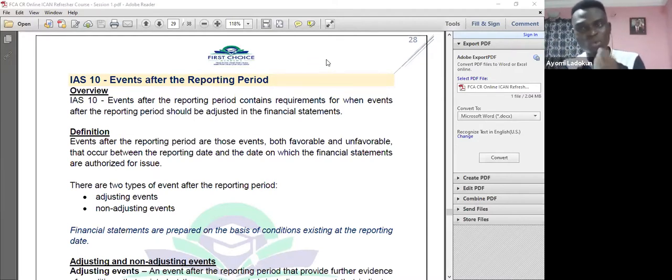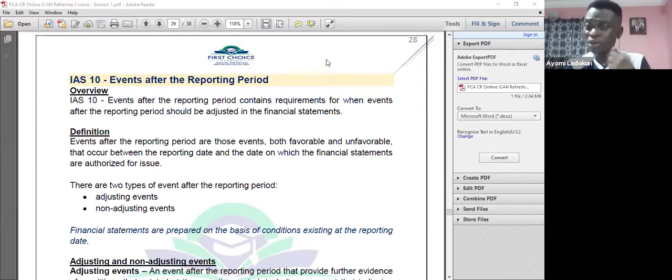And according to IAS 10, a non-adjusting event only requires a disclosure by way of note in the financial statements. Let me say that again. A non-adjusting event only requires a note.